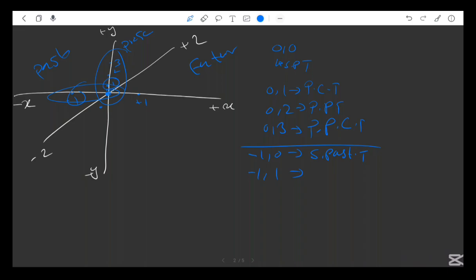Here we can join the graph here, -1 and 1, which is the past continuous tense, and -1 and 2. Here, -1 and 2, which is the past perfect tense. -1 and 3. Here, -1 and 3 is the past perfect continuous tense, right?